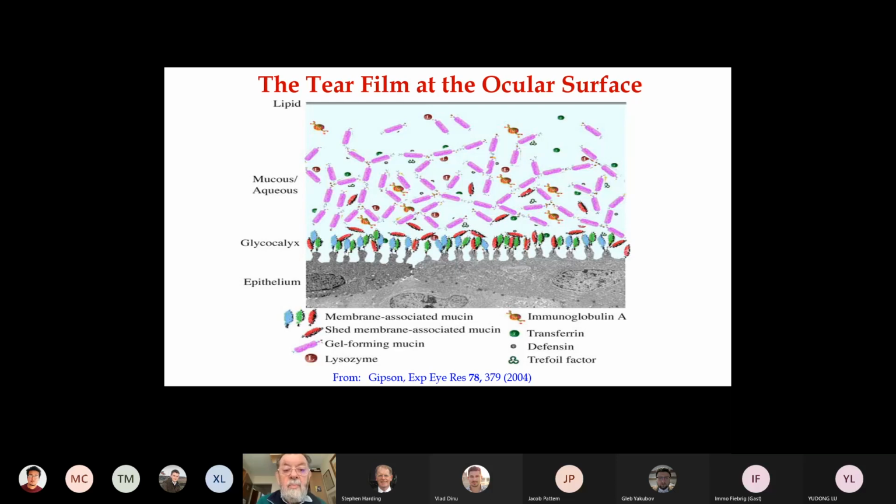And on top, you can see an aqueous layer, which is coated by meibomian lipids, which prevents evaporation of water from the top. But effectively, we've got a mucus layer, a gel layer again, which is present in the eye. Next slide, please.